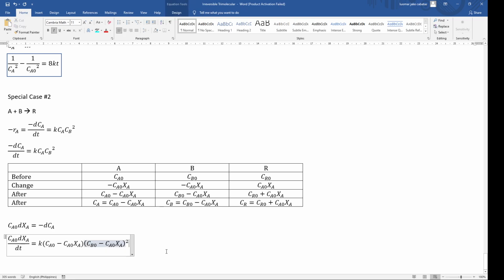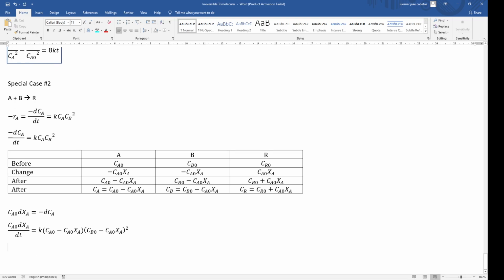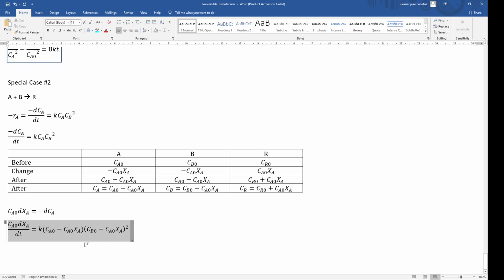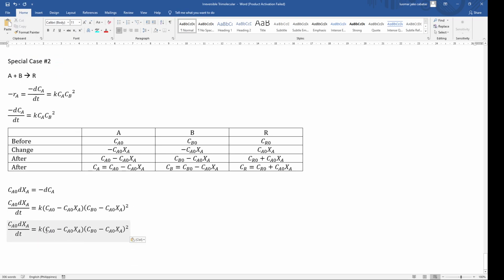Now, so we have that. So you know where this is going. Solving is very similar.